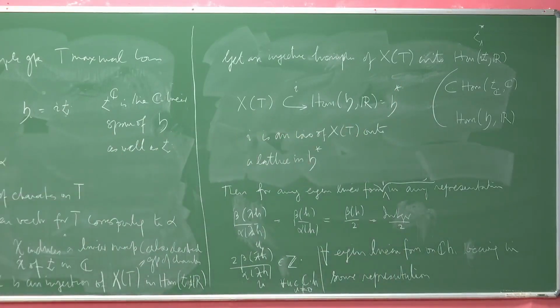A lattice in the vector space is simply the Z module generated by a basis.